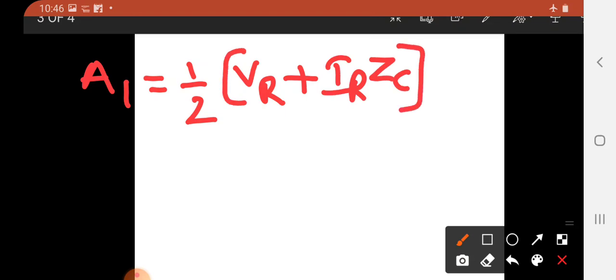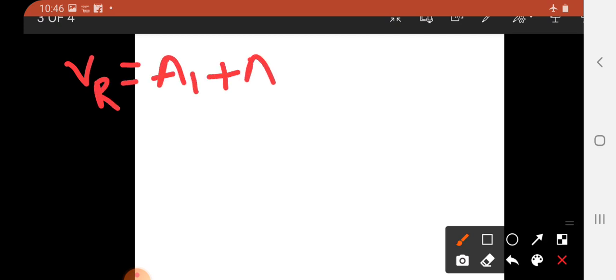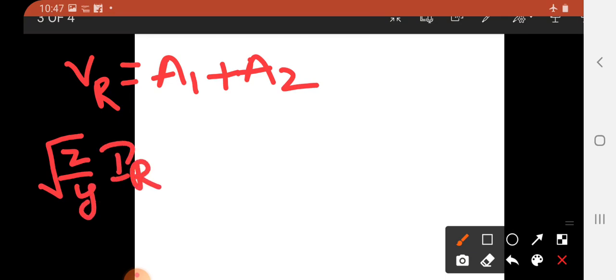Similarly, if we subtract those two equations, what are those two equations? VR is equal to A1 plus A2, and the other equation is square root of Z by Y into IR is equal to A1 minus A2.